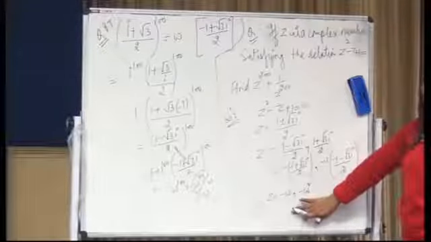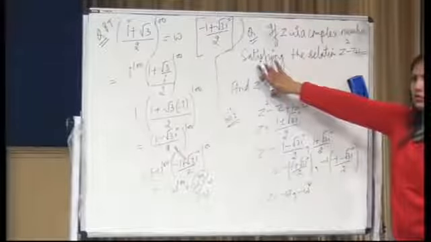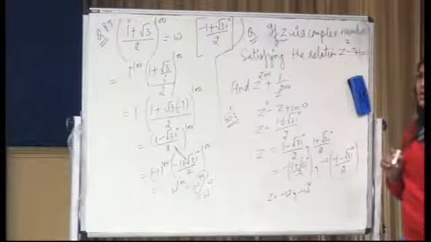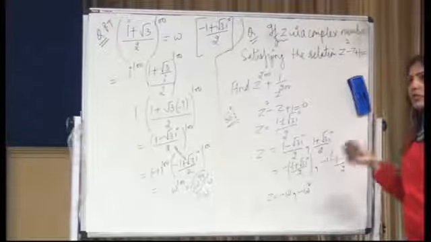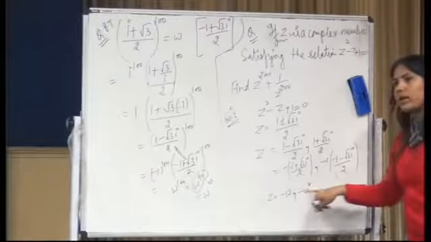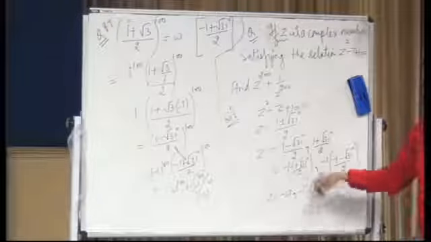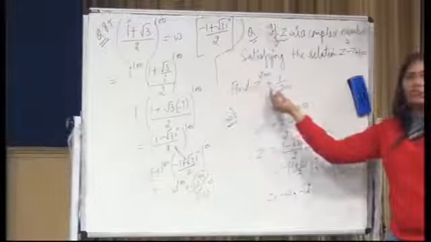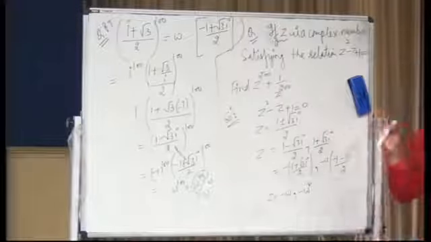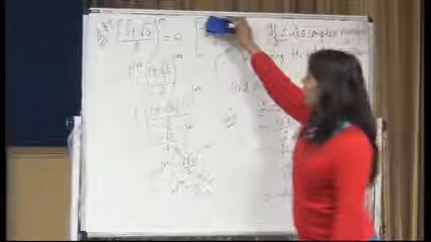I am not coming to that. First I am just calculating z, then I will substitute the value. Right now I am just calculating what values we have for z. So z values are minus omega and minus omega square. I can put either, the answer will be the same. So I am just substituting minus omega.